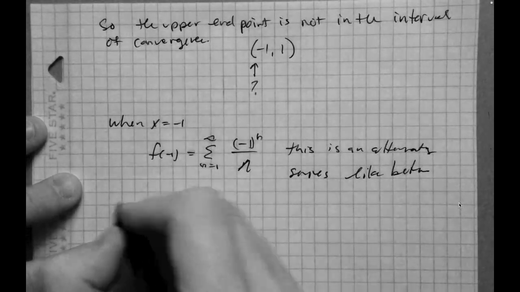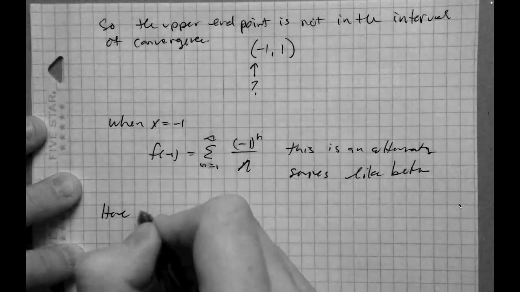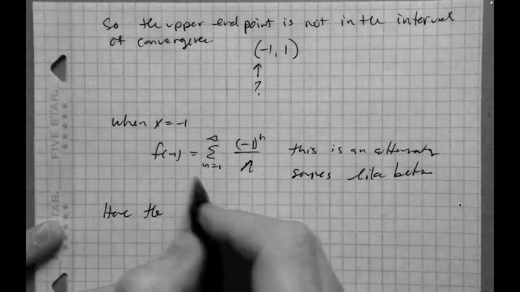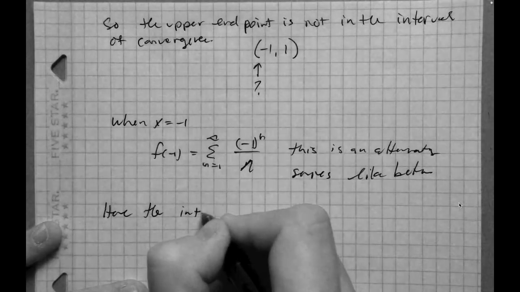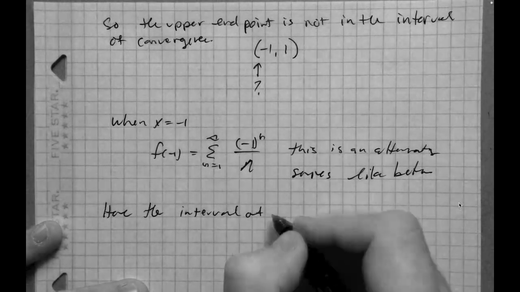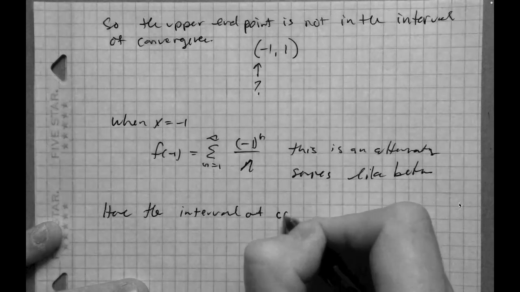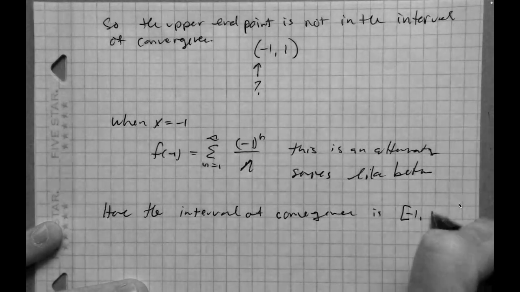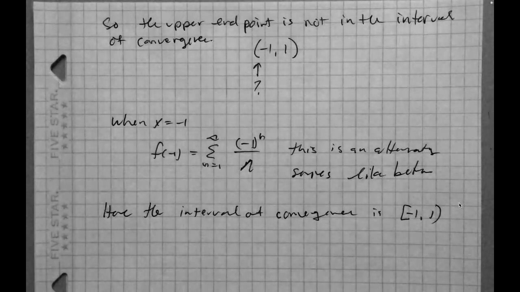Okay, so here we would have a convergence, and overall the interval of convergence is -1 up to 1, but not including 1.